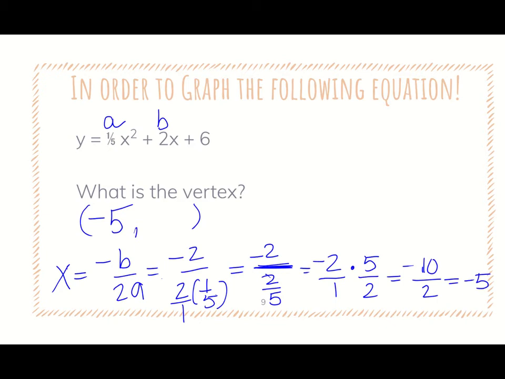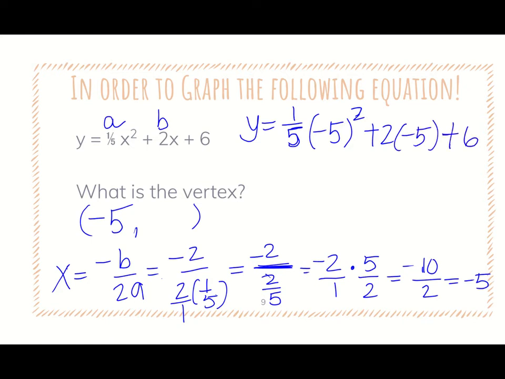Well, y then is just plugging in negative 5, so I would have 1/5 times negative 5 squared plus 2 times negative 5 plus 6. Well, exponent, I get negative 5 squared is going to be positive 25 because 2 negatives make a positive. 2 times negative 5 is negative 10.